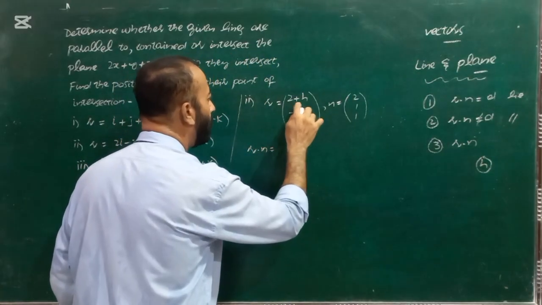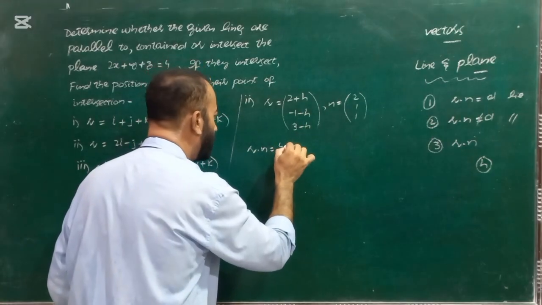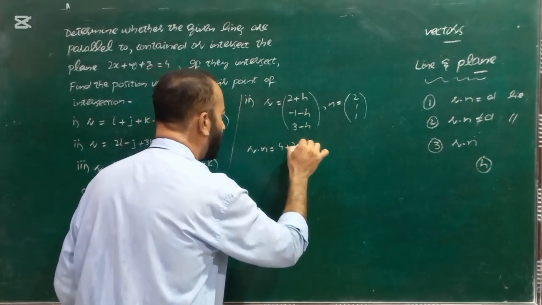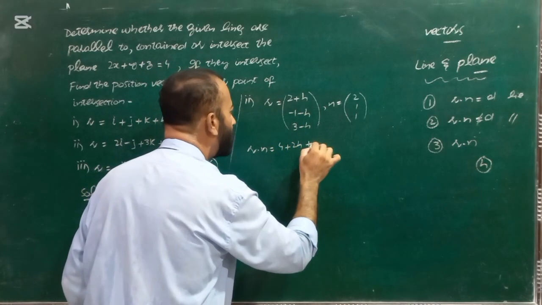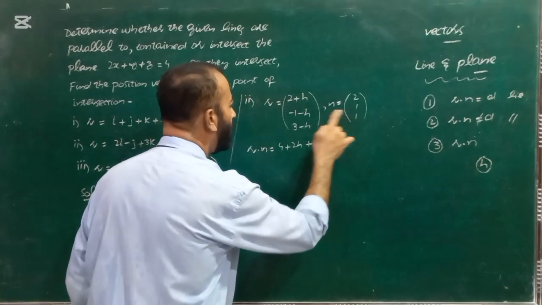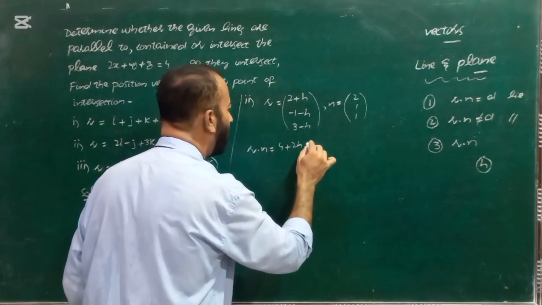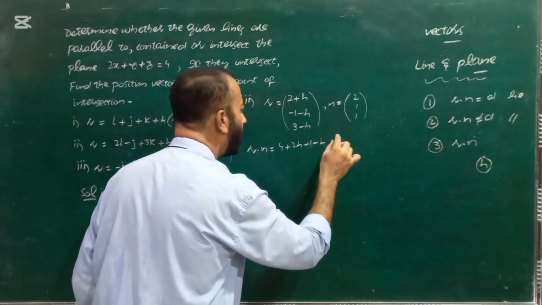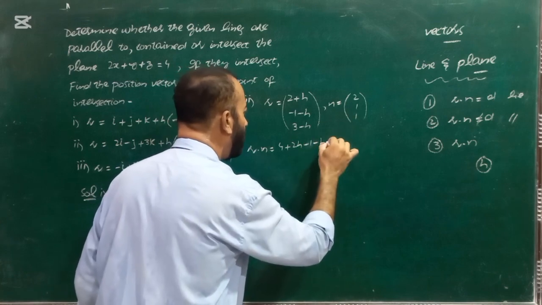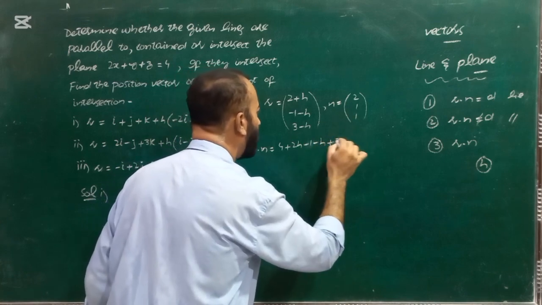So 2 2s are 4, 4 plus 2 lambda, plus, this will be minus, so minus 1 minus lambda, and plus 3 minus lambda.